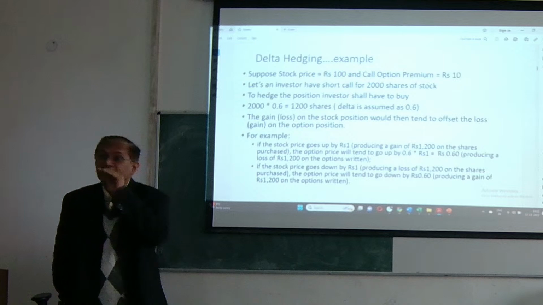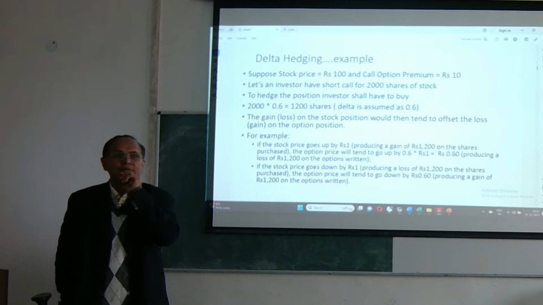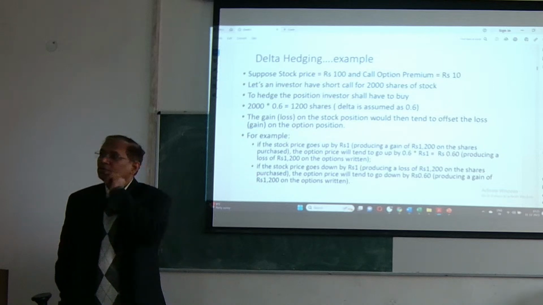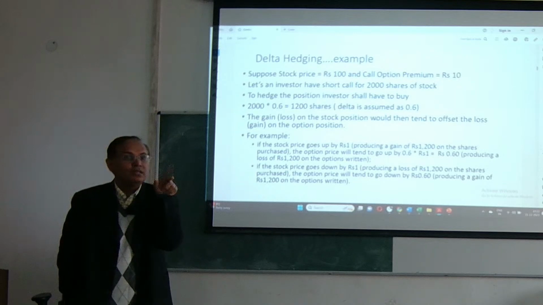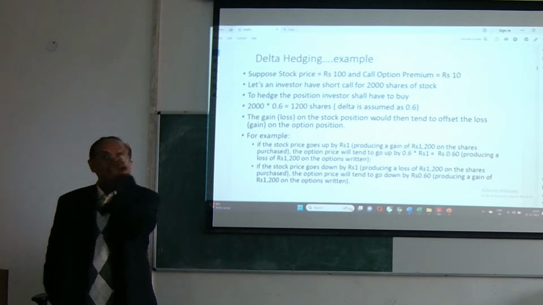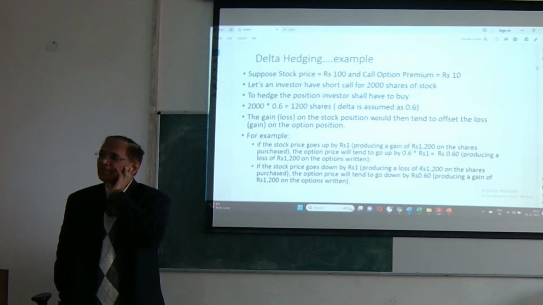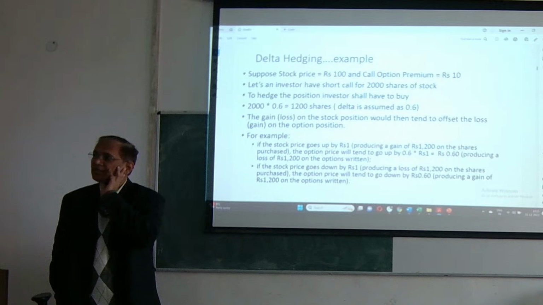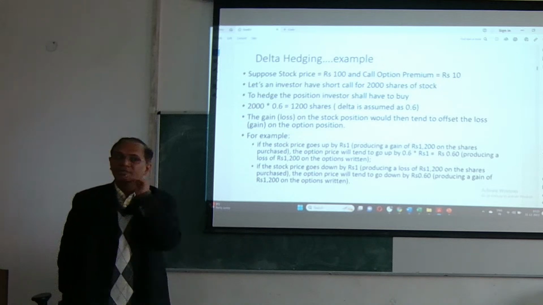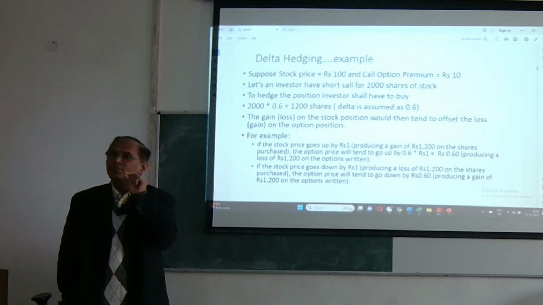What will happen when the price has gone up by 1 rupee in the underlying market, vis-a-vis 60 paisa price up in the options market? As a result, you will have a loss of 60 paisa in the options market. 60 paisa loss per unit on 2000 makes it 1200 rupees loss.